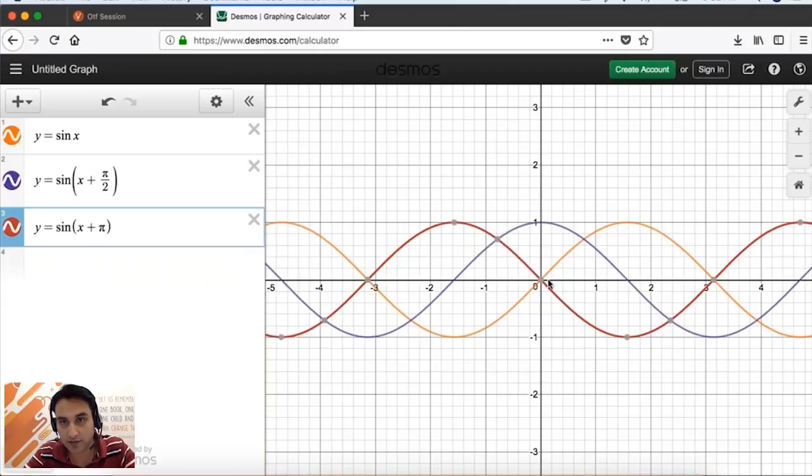Look at this orange one. Take it out and move it entirely behind by pi. So whatever was happening at 0 will now happen at minus pi. That is how the graph shifts along the x-axis.